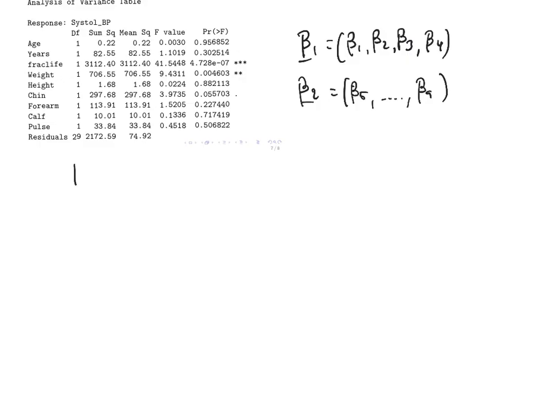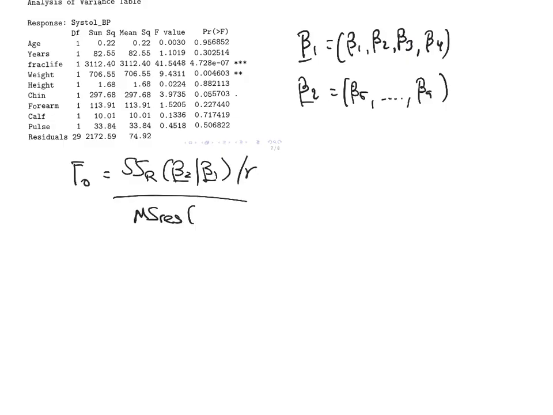So this is the other approach, where in the previous approach we were looking at a difference in the residual sum of squares, and now we're going to use the difference in the regression sum of squares. So this is the same formula, but we're going to use the other version.